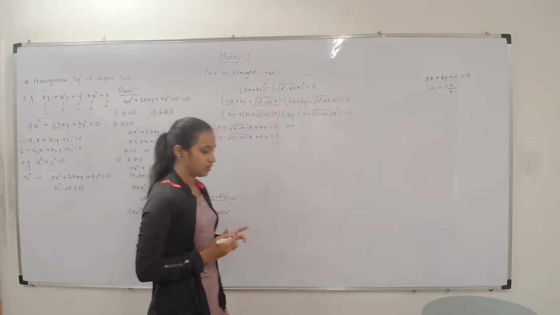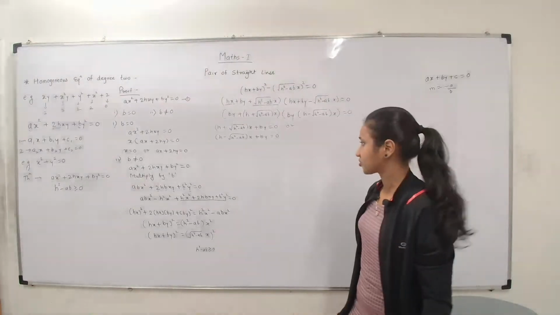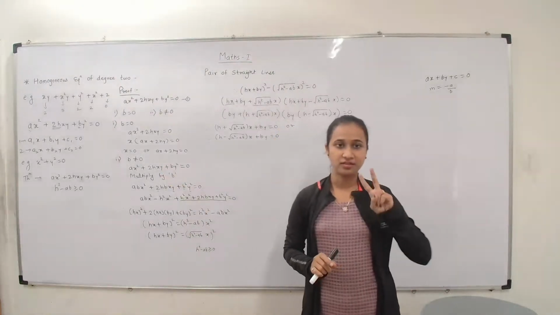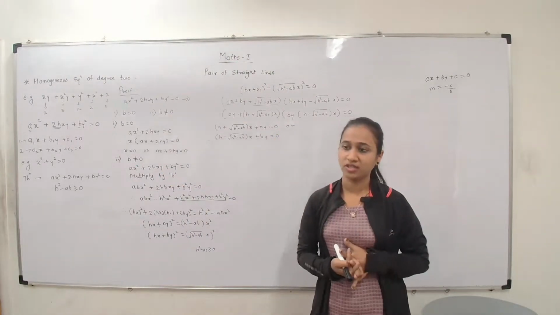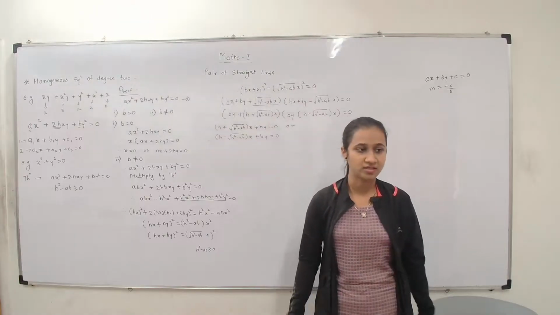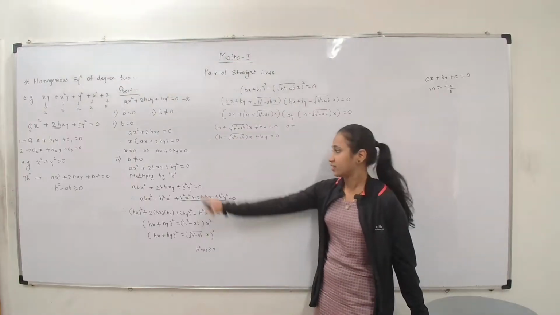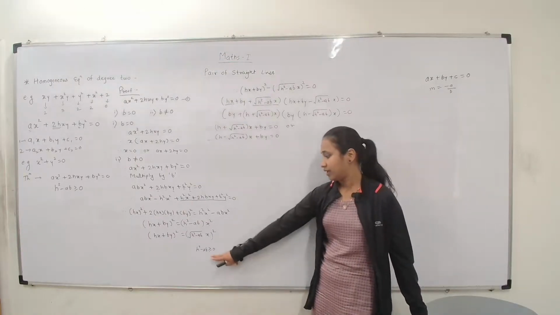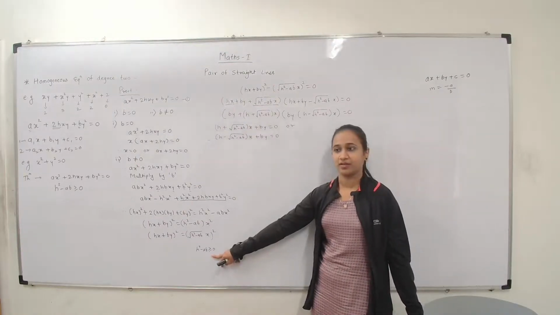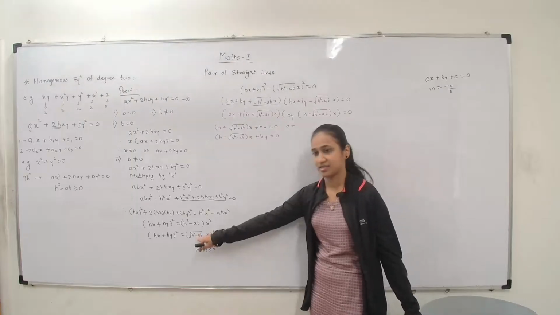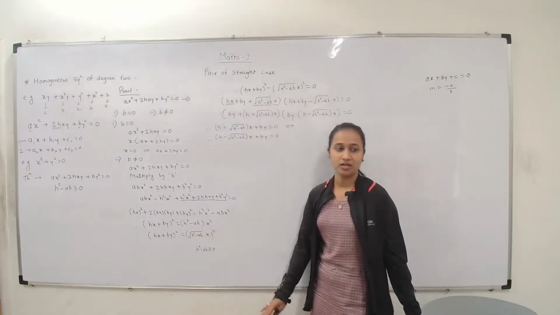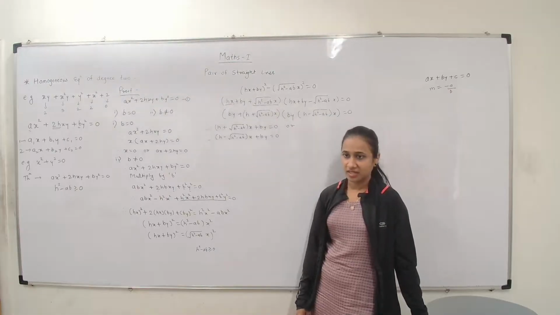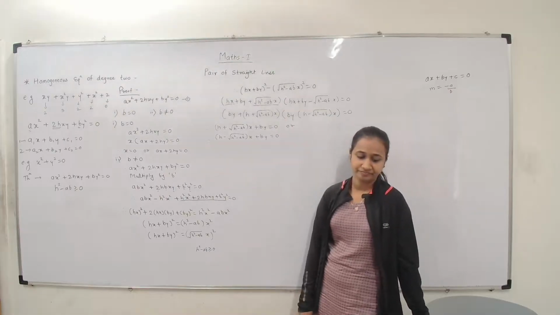These are your two lines whose combined equation is nothing but this. So we have considered the two cases b equal to 0, b is not equal to 0. For both the cases, you can prove that the given equation is combined equation of pair of straight lines, providing h square minus ab greater than or equal to 0. हा जर less than 0 असेल तर it is not representing the equation of straight line. समजते condition क्या? So this is your proof.